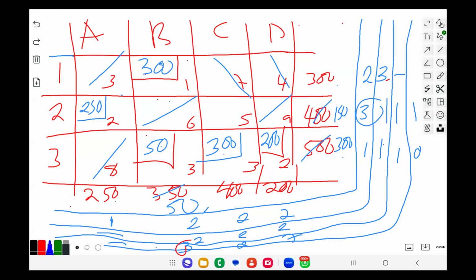What will remain here is 100, is it? Yes, there will be 100 somewhere. And then you come to the next iteration.